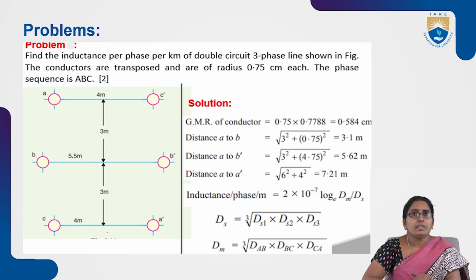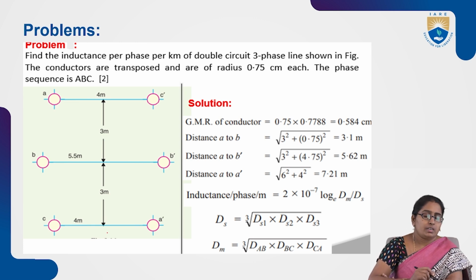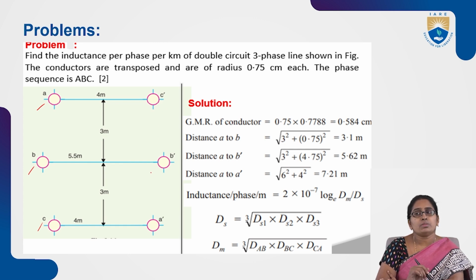Looking at the diagram, we can see the ABC conductors. Because it is a double circuit, each phase has two conductors: A has another conductor A dash, B has B dash, and C has C dash.